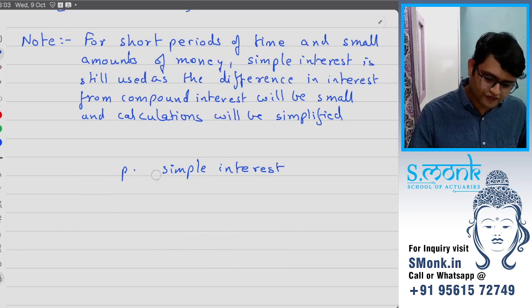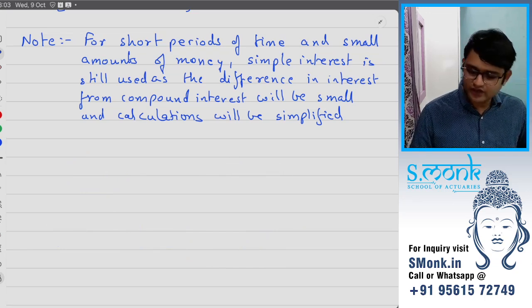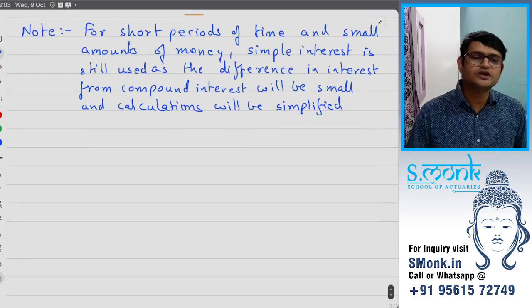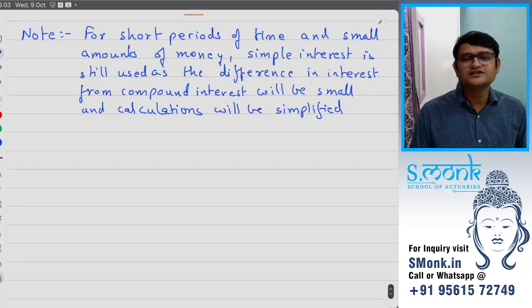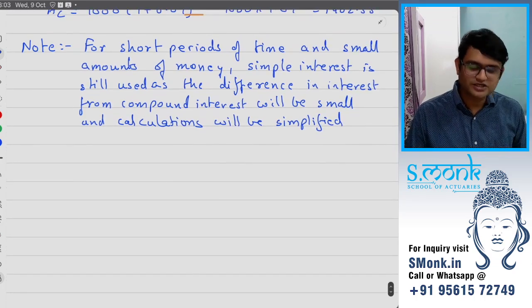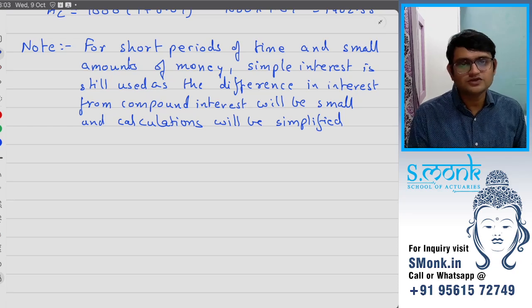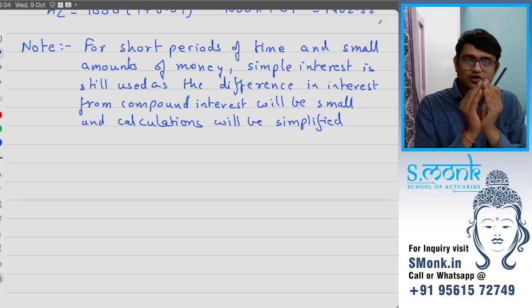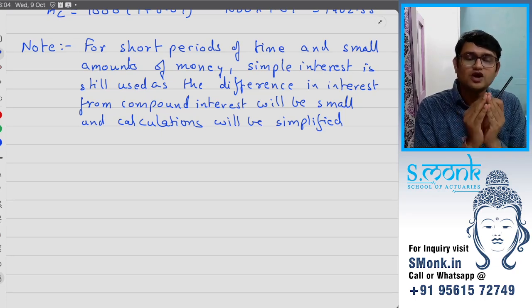So if somebody asks you why do we use compound interest more than simple interest, don't answer that it gives us more interest. No, that is not the answer. It is because it is consistent. And why do we still use simple interest? Because it is more convenient for small times, for short periods of time and small amounts.